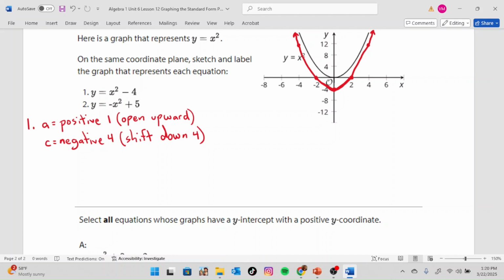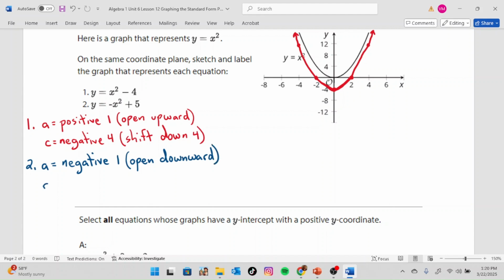Number 2. In this one, we can see that we have a change in the a term and we have a change in the c term. The a term in number 2 is -1. The negative a term tells us that this should open downward, so we're going to flip it upside down.